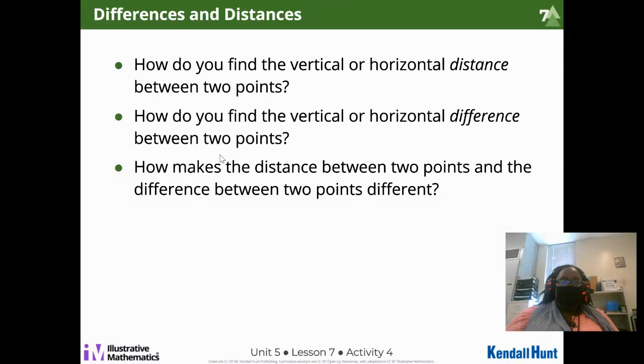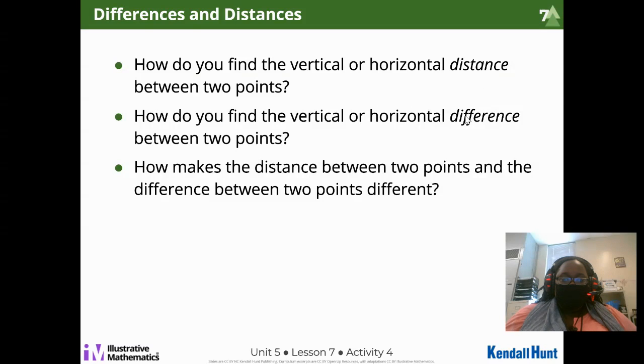If you are completing the PowerPoint, it says, how do you find the vertical and horizontal distance between 2 points? For the distance, you're going to subtract and take the absolute value.